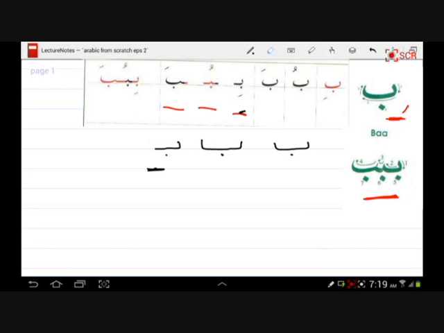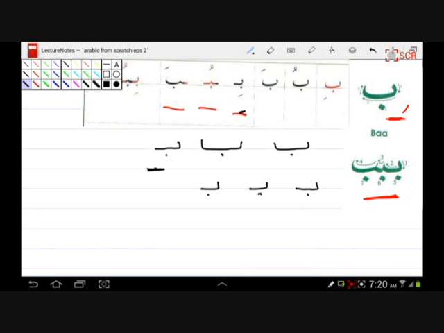Easy. So again, that's a dash or a curved dash like this, and then along the line, and then the dot. So that's the ba in the initial form. One more time. Small dash, and then along the line, and then a dot. So that's the ba in the initial form.